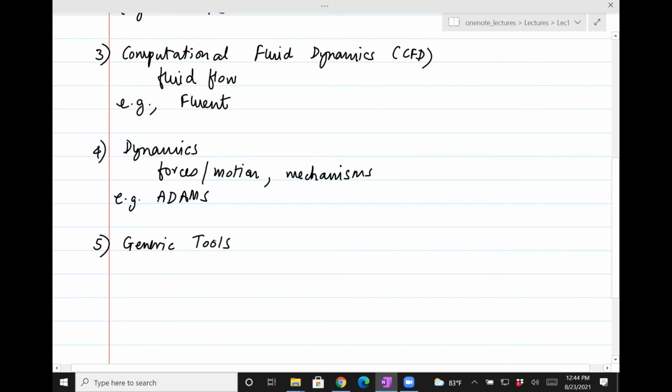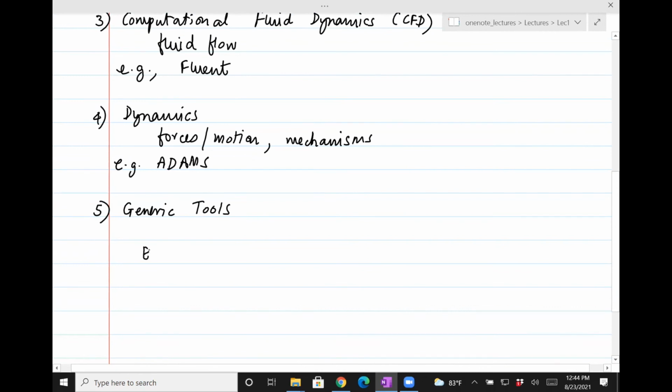And then there are generic tools. And these are sort of your data processing, data mining tools. Some people like to use Excel. There's Matlab, which is nice because it's kind of free for academic purposes. But if you go to the industry, you'll see that people don't use Matlab. And that's because it's not free. It's expensive to have Matlab in the industry. It's kind of cheap in the education.